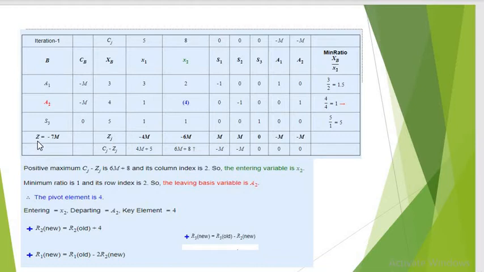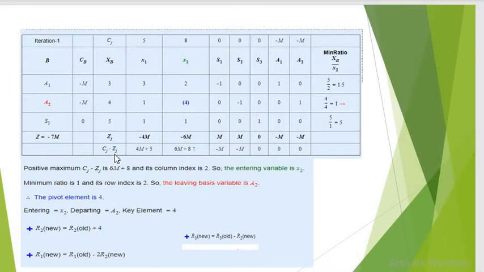Then calculate the z value, that's equal to sigma Cb into Xb, that's equal to minus 7M. Zj values, that is sigma Cb into Xi's. So we can calculate the values in that row.